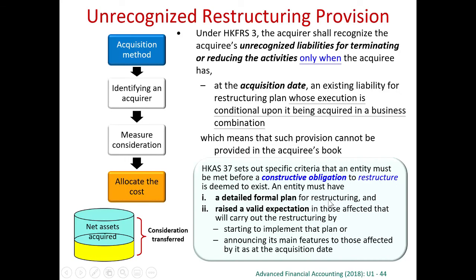So you know what divisions you are going to close, who you are going to fire, etc. Second, it must raise a valid expectation in those affected that I will carry out the restructuring. So as I've said before, if I have acquired 7-Eleven, I may close down some of the divisions.